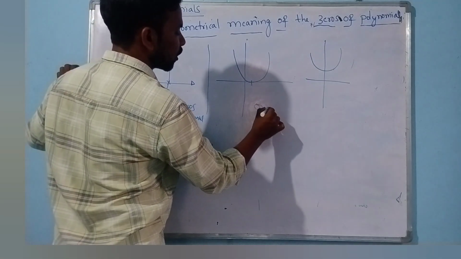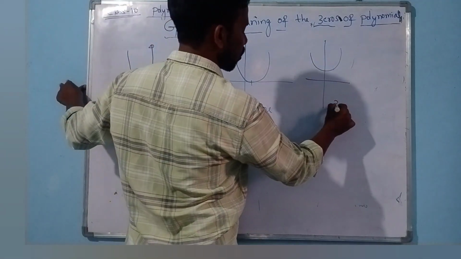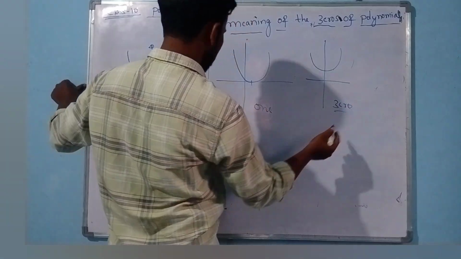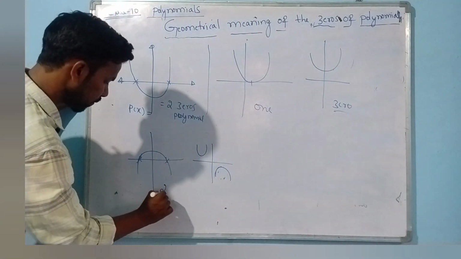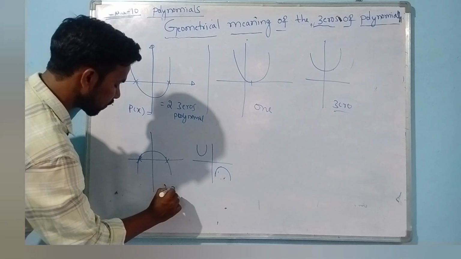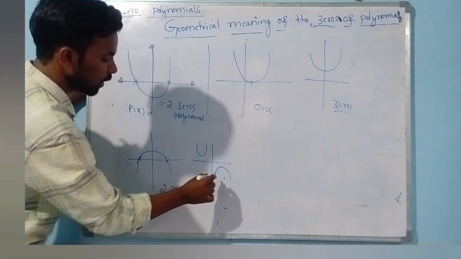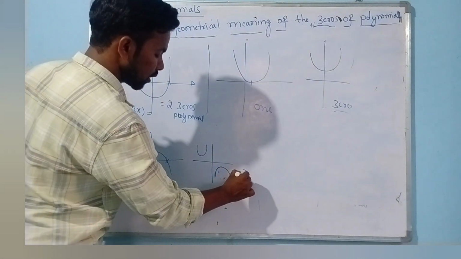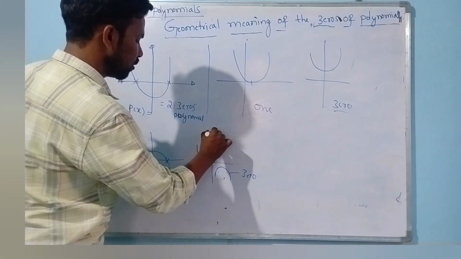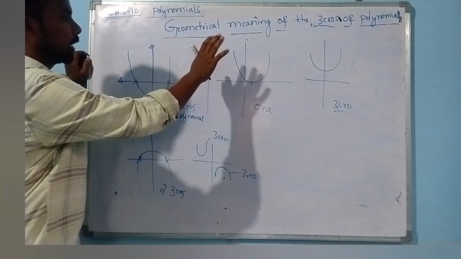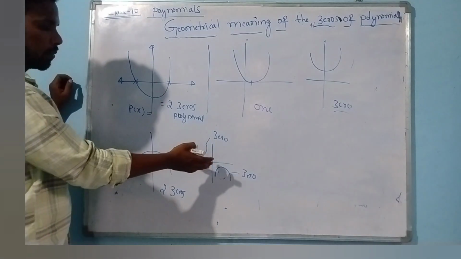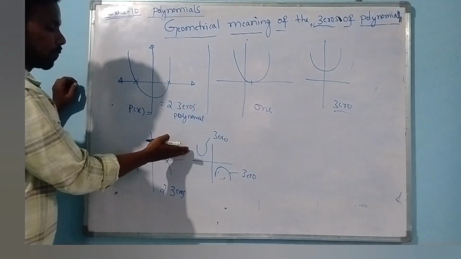Here see, 0 times. Here 1, 2, 2 times, 2 zeros. For this 0, for this also 0. It never cuts the x-axis. Meaning, ಏನಂದ್ರೆ x-axis ನ ಎಷ್ಟು ಸಲ ಕಟ್ ಮಾಡ್ತಾ ಅಷ್ಟು zeros ಅಂತ ಅರ್ಥ.